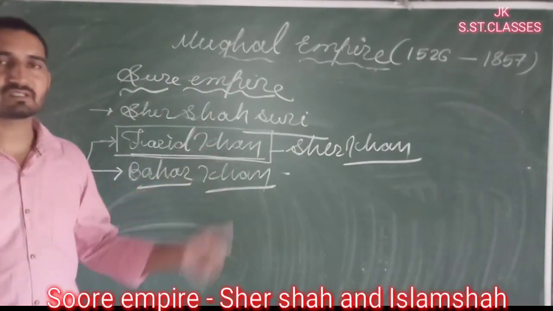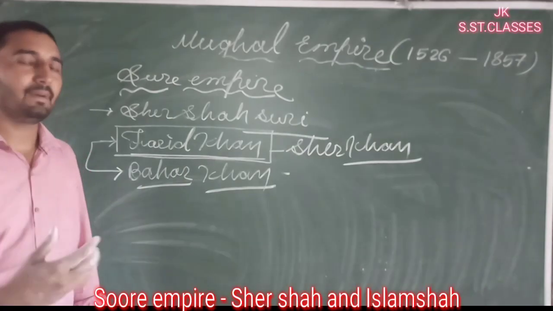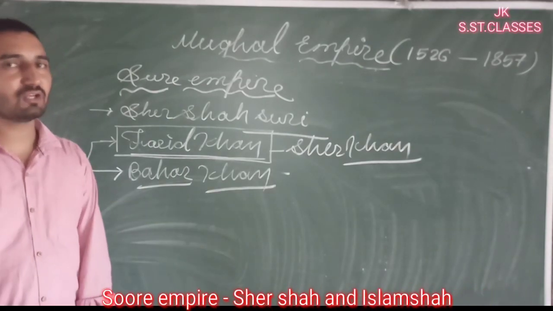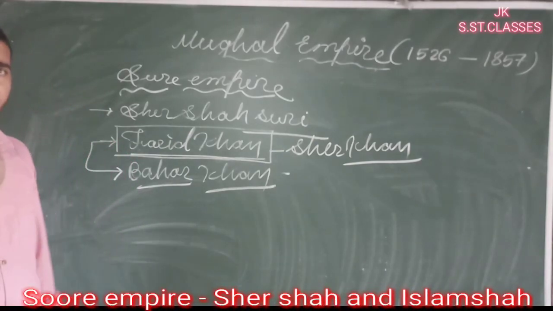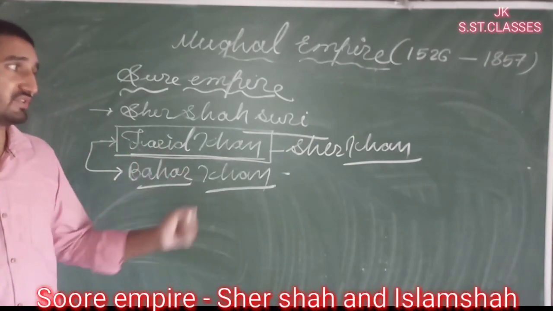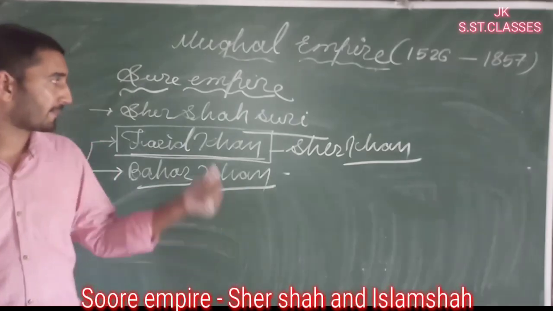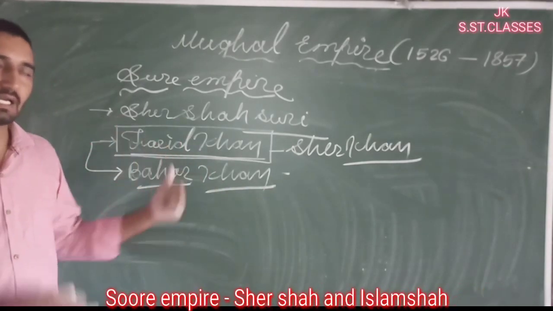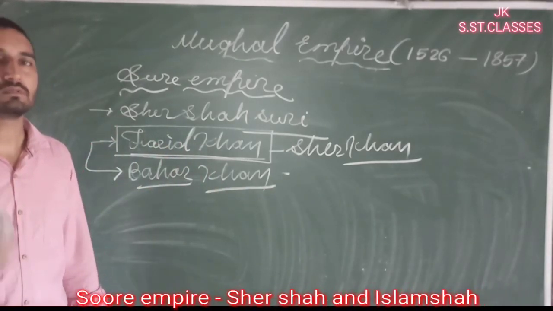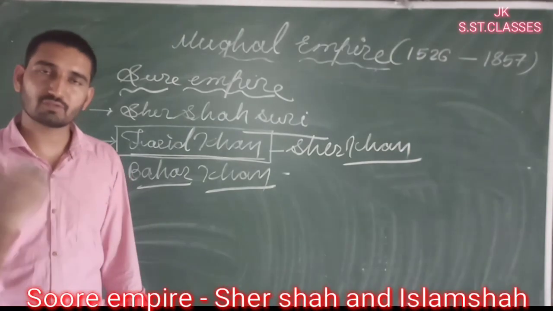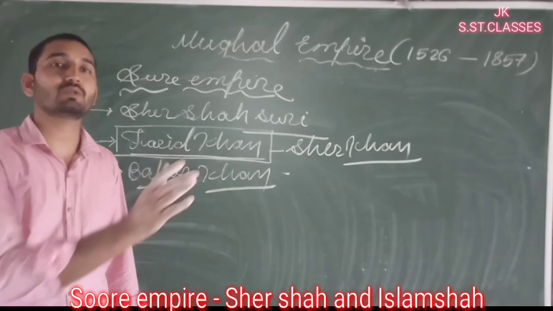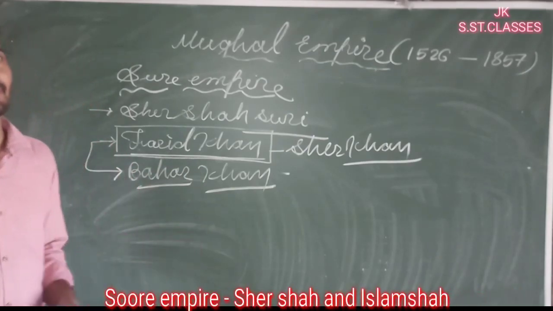Okay, and as we discussed, after getting victory in the Battle of Kannauj or Battle of Belgram, in the Battle of Chosa, after getting victory in the Battle of Chosa, Sher Khan adorned himself with the title of Sher Shah. So Farid Khan to Sher Khan and Sher Khan to Sher Shah Soore.